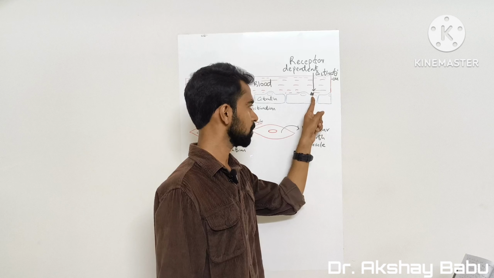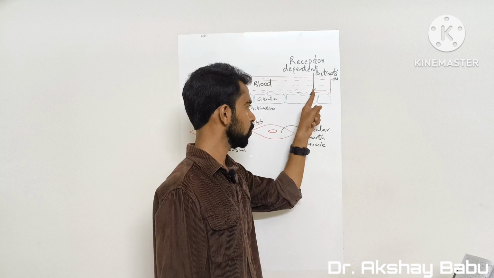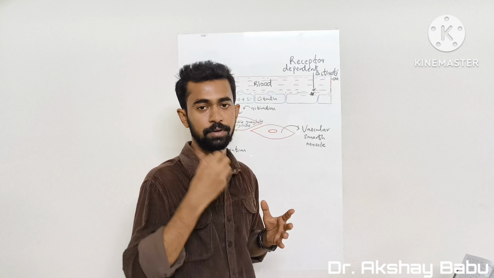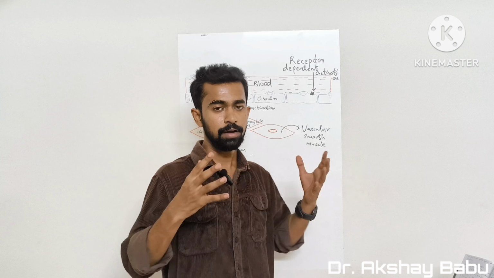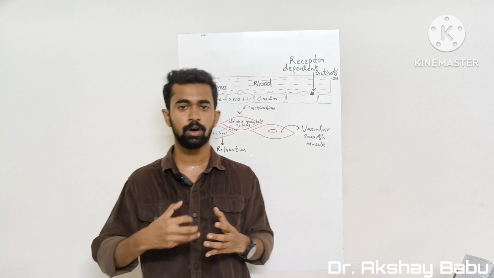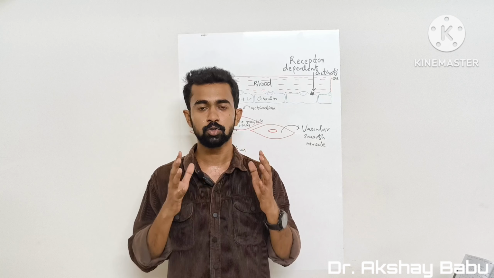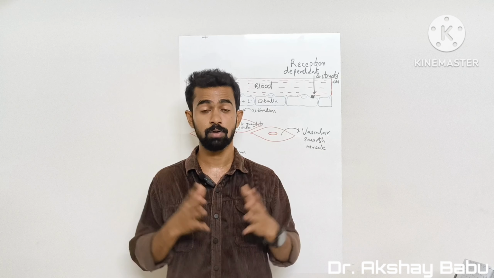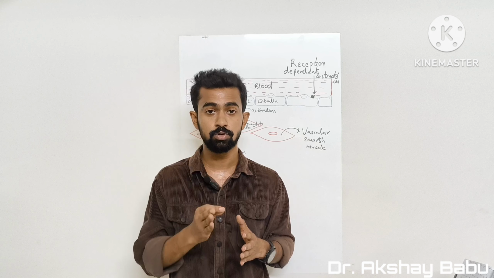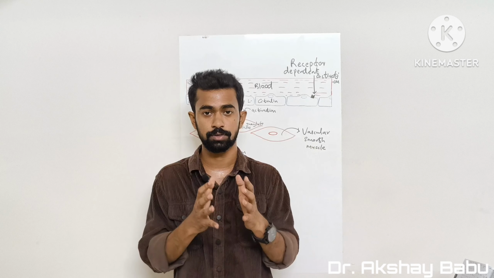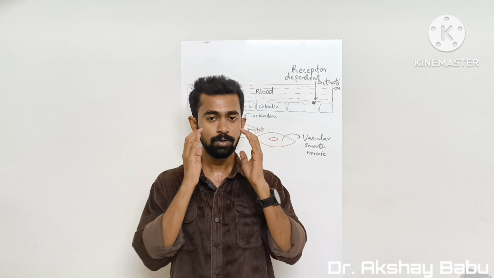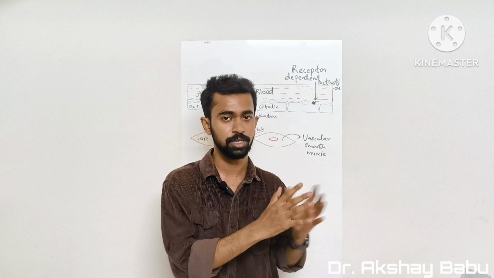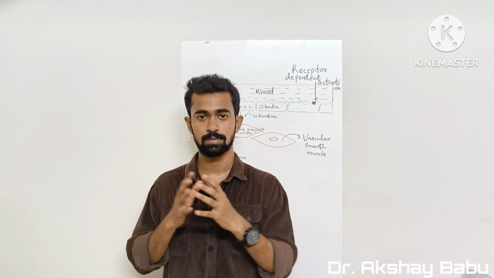To this receptor, angiotensin 2 will come and attach, thus causing the release of nitric oxide. This increased release of nitric oxide will also control the vasoconstrictory process, because we all know angiotensin 2 is a powerful vasoconstrictor.